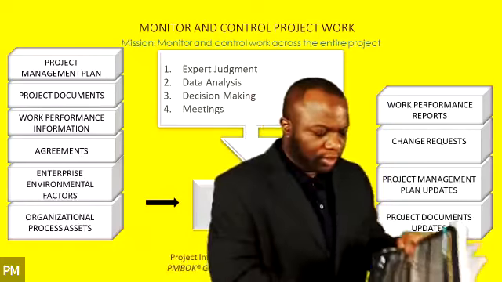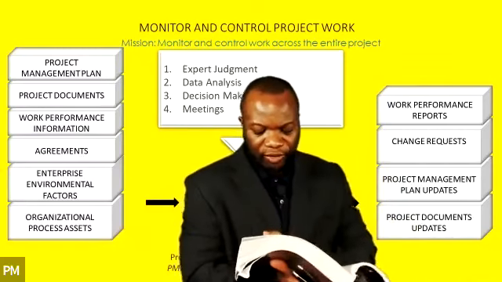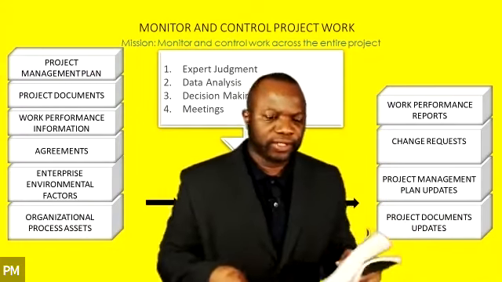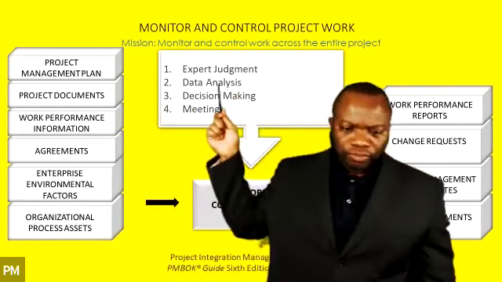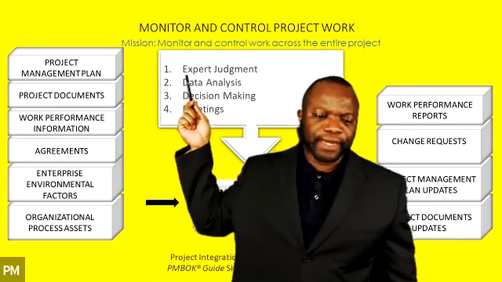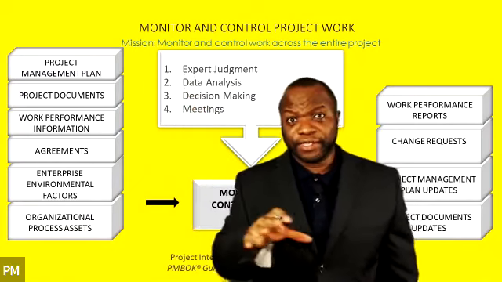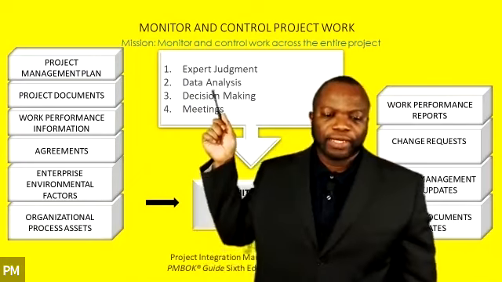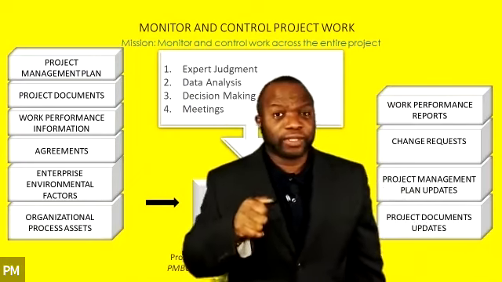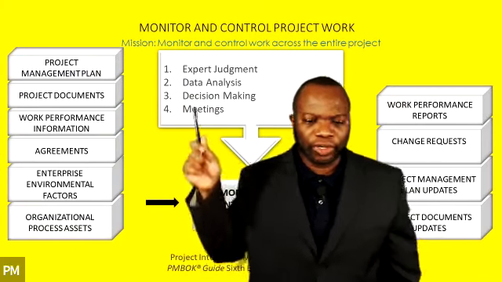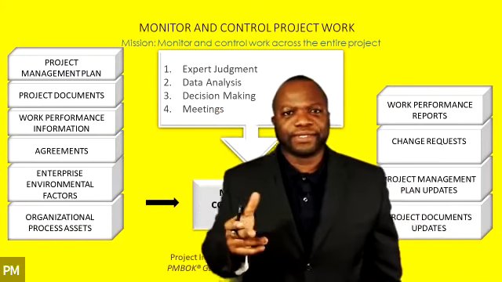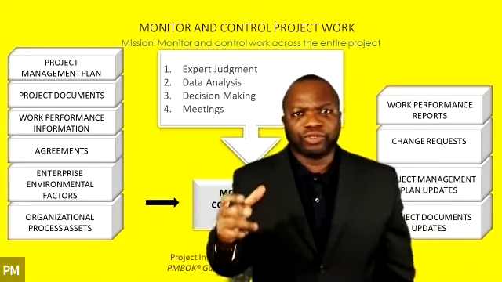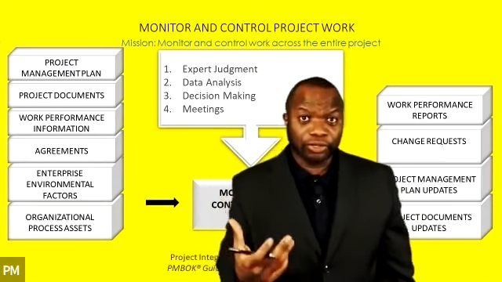All right. So still on page 71, if you take a look at the tools and techniques here, there are things that you already know. So expert judgment, expertise regarding this field of monitoring and controlling and the project as a whole. Data analysis, we're going to take a look at the specific analysis we're talking about. But remember, data analysis is pretty much analyzing data so that you can draw sensible conclusions.